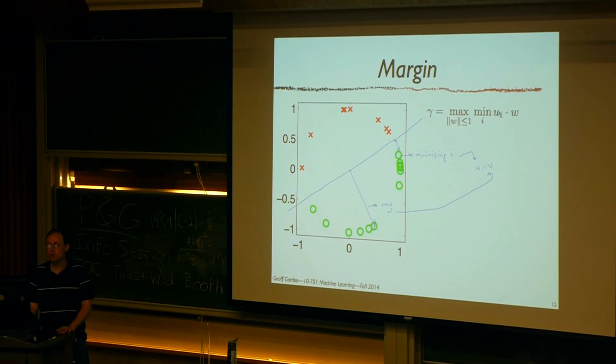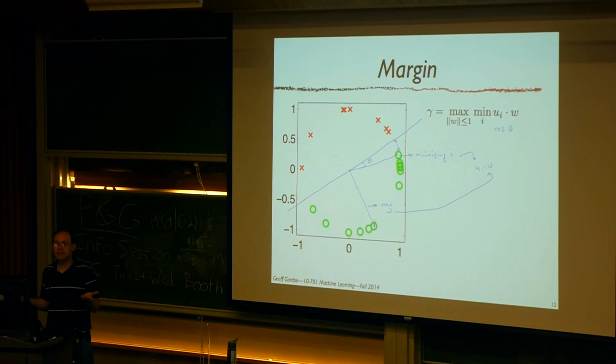Because they're both unit norm, this dot product is the cosine of theta, where theta is, well, I'll draw it on the figure. So here, theta is that angle. UI is unit norm because I did it that way in this example. In general, all you have to do is have your examples be normalized so that they have some maximum norm.